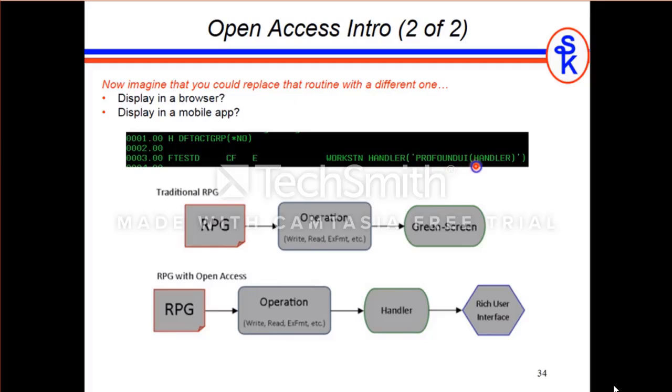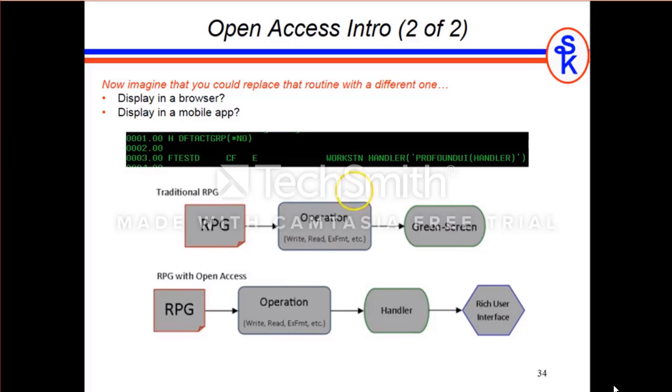In this case, you've got a service program called Profound UI, and then parentheses, and then a sub-procedure called handler in that service program. So you can call any routine you want. You can write that yourself if you want to, or if you're using a commercial tool that you bought from someone, then you put their routine there.